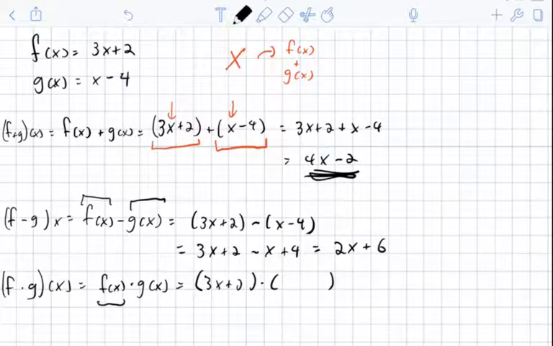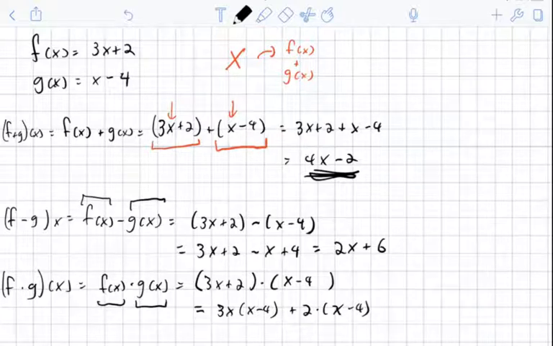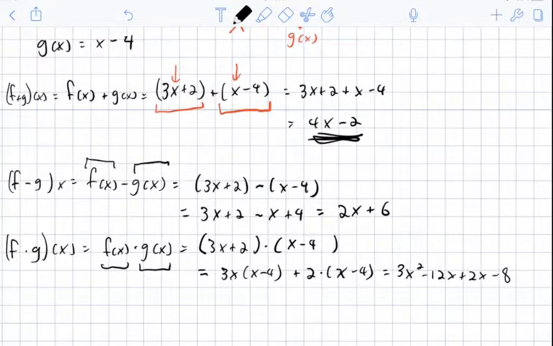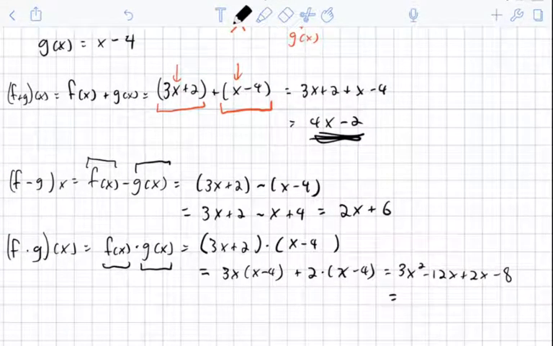You replace that name with the function's actual expression, and then you expand. Which becomes 3x squared minus 12x plus 2x minus 8. Which you can simplify even more. 3x squared minus 10x minus 8.